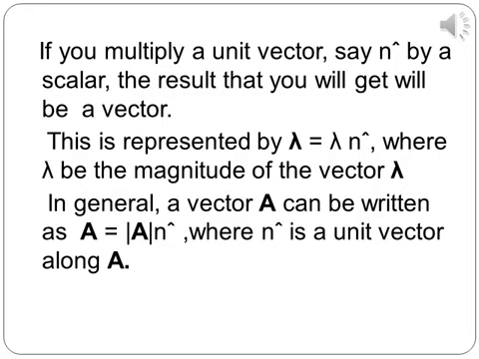In general, a vector A can be written as vector A equals modulus of vector A times n cap, where n cap is a unit vector along the vector A. The vector A can also be expressed as vector A equals A n cap, where A is the magnitude of the vector A.